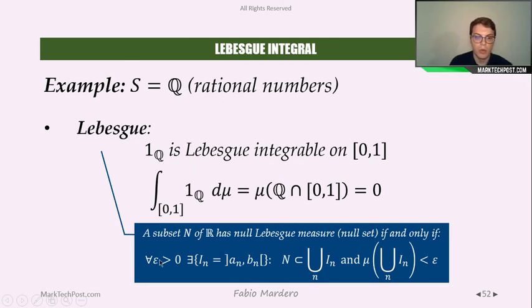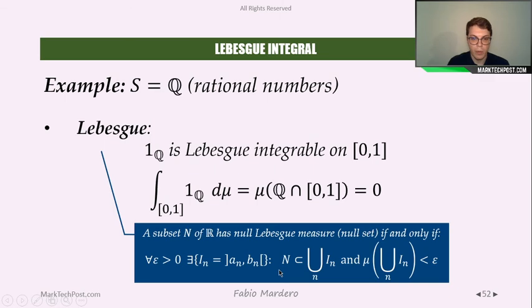Let's take whatever positive epsilon, and a set of intervals, such that N is covered by this set of intervals, but the measure of the union of this collection of intervals is less than epsilon.